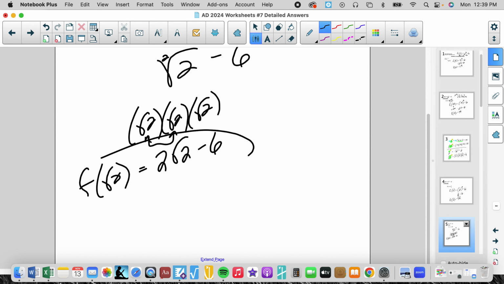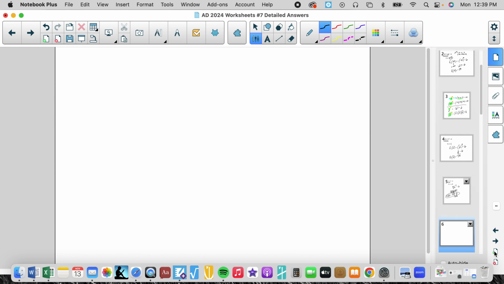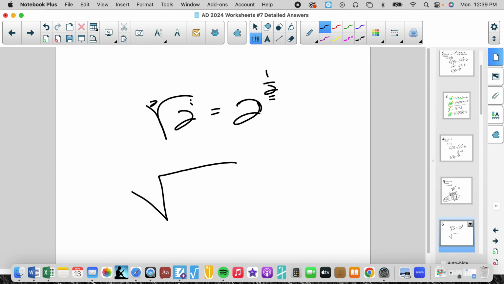We can't combine these. These are unlike terms, and we can't combine their coefficients because this is an exponent. I think we talked about this, the square root of 2 can be written as 2 to the 1/2. That radical has an invisible 1 in the denominator. So when we see the square root of 3 to the 4th, that can be written as 3 to the 4 over 2, or 3 squared, or 9. Well, let's think about that.